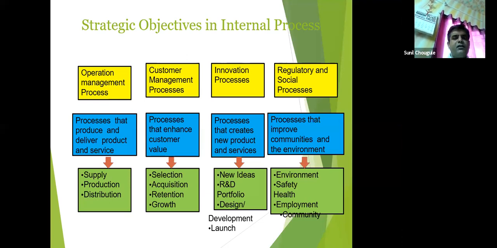Now, when we are selling a product like a sport utility vehicle or a sedan segment car, that customer management process or customer value has a very long chain. In the first place, we have to know the designation, income, and buying capacity of customers.